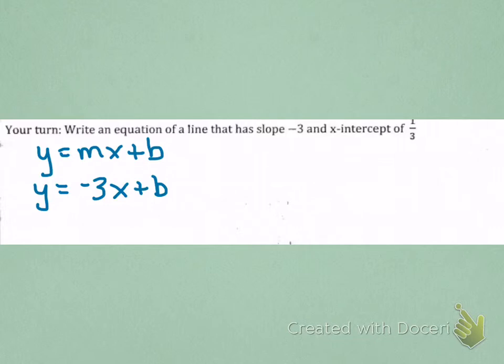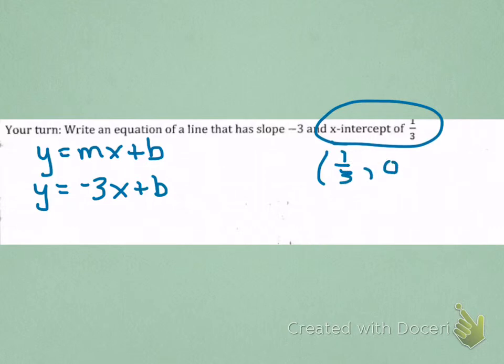We do, however, have a point of the x-intercept. And that means the line crosses at 1/3, 0. So you can plug in the 1/3 for x and the 0 for y. Solve for b and enter your answer on Edpuzzle.